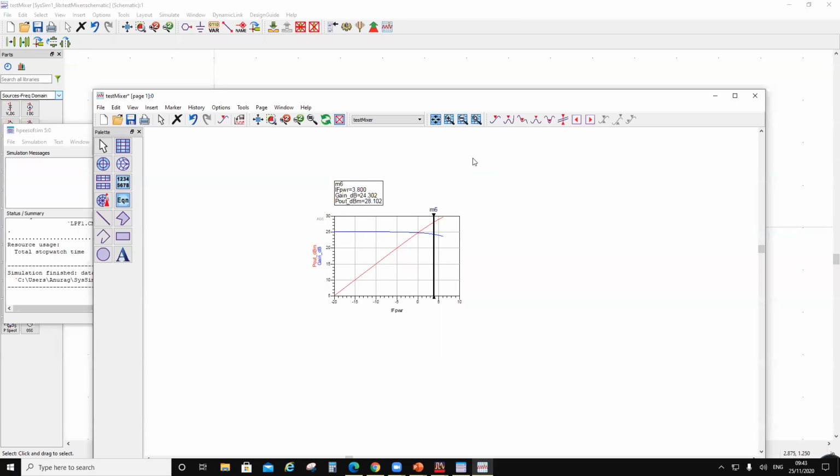So 1 dB compression, 25, 24. So 1 dB is over here. It's able to put out 29.